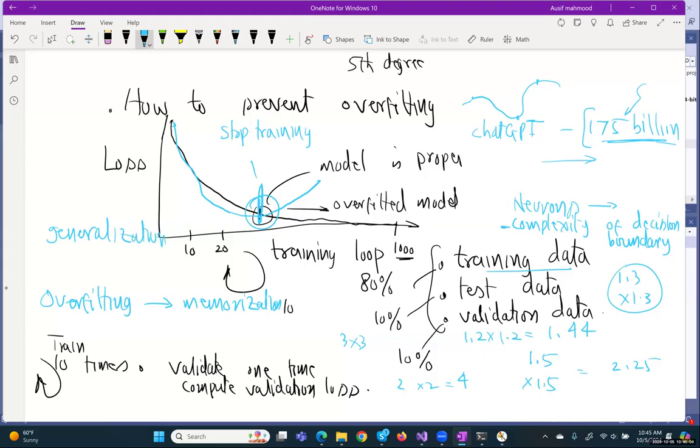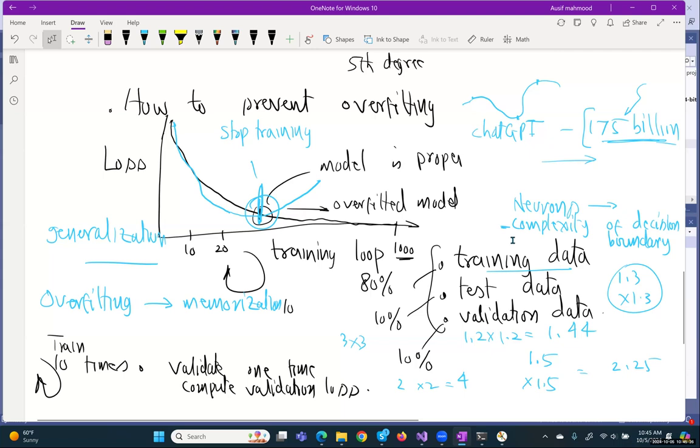So we want the model to be able to generalize, meaning to be able to predict correctly on unknown data, right?